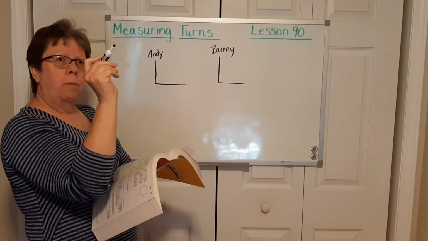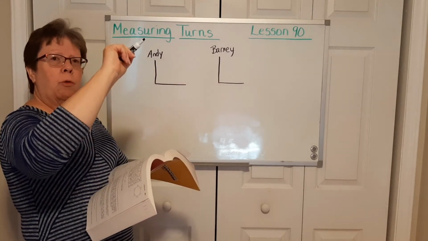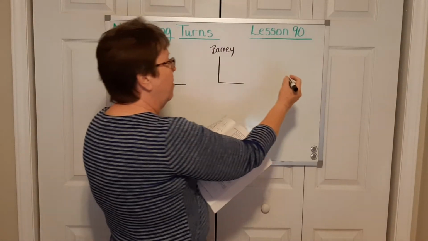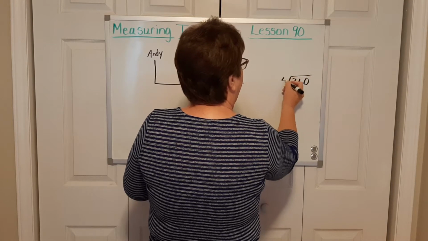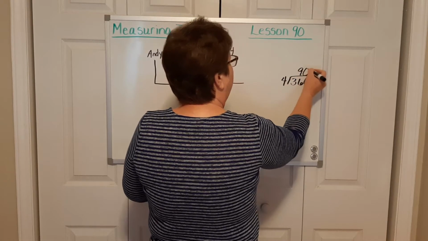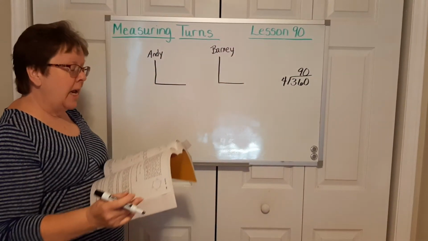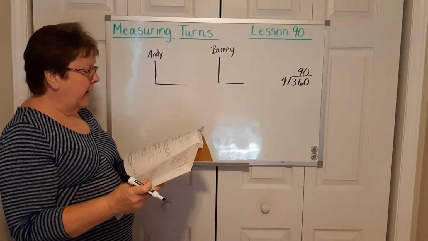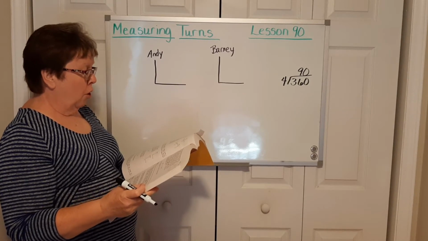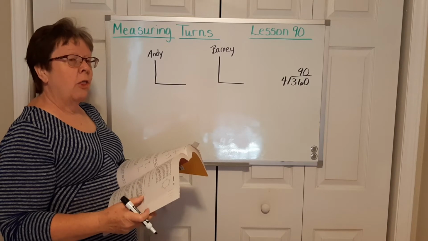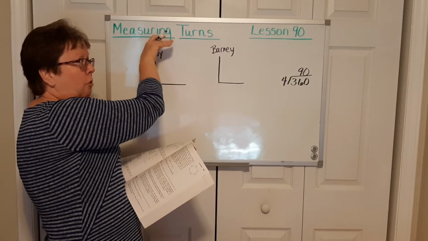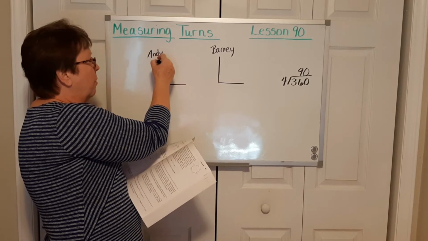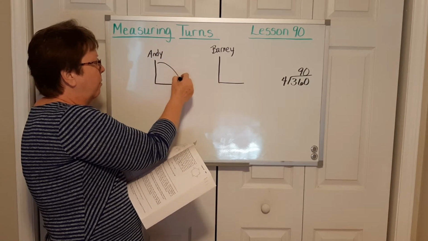If you go from one point and to get there again, you have to go 360 degrees. So if he made a quarter turn, it's 360 divided by 4, which would be 90. So he made a 90-degree turn clockwise. Think of how a clock goes. A clock goes to the right like that. So he made that turn clockwise.